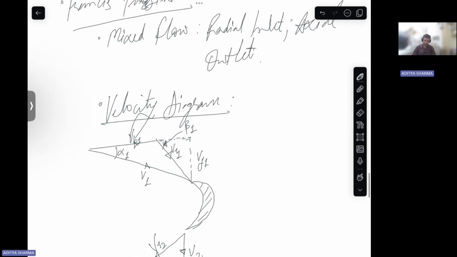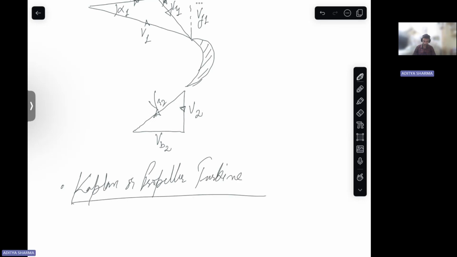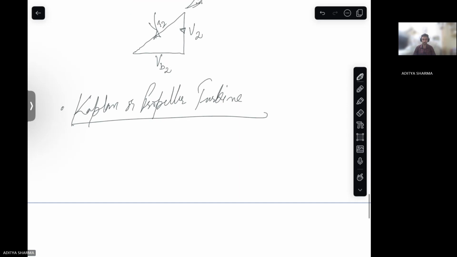Then for your Kaplan propeller turbine, the flow is in axial direction.